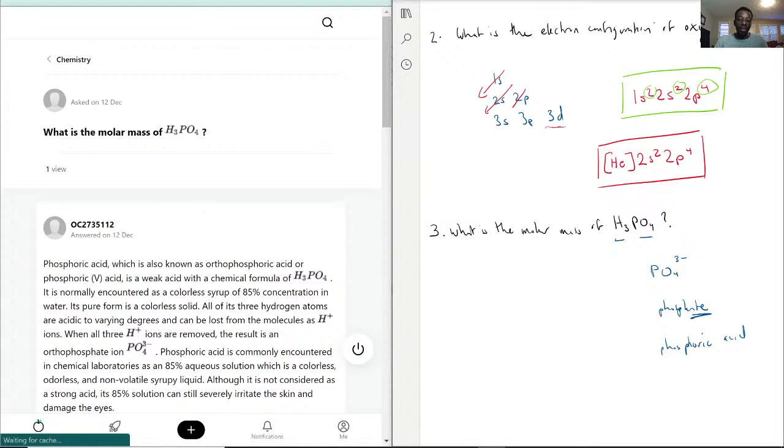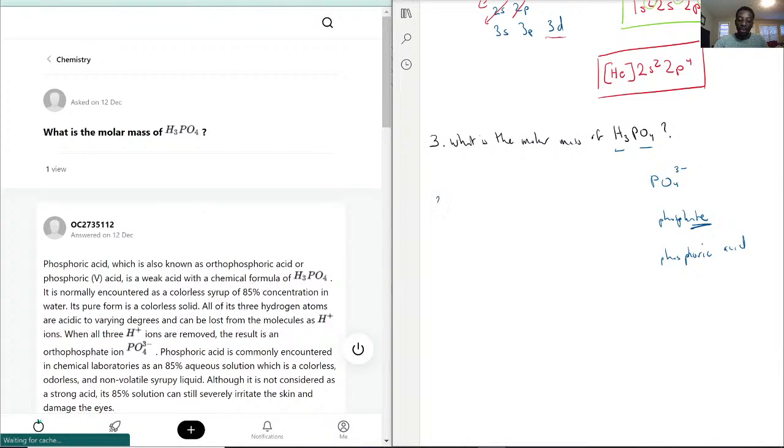With that being said, let's now calculate its constituents. So we have 3 hydrogens, okay, 1 phosphate, sorry, well technically yes, 1 phosphate, but 1 phosphorus and 4 oxygens, okay?